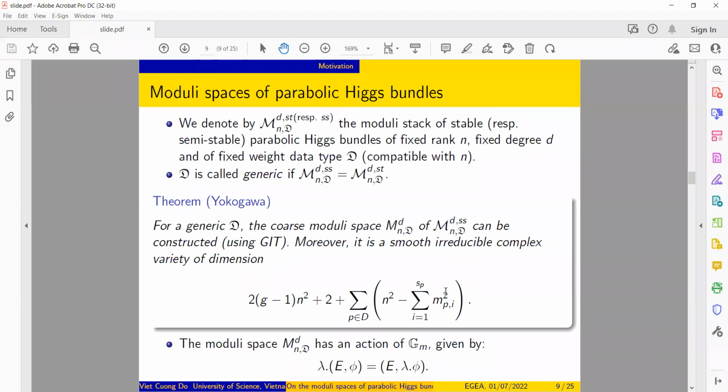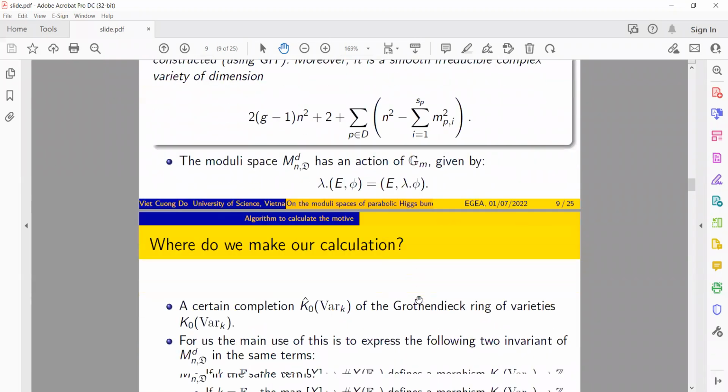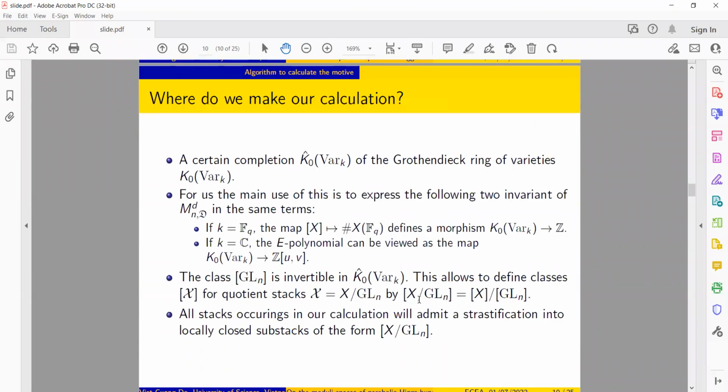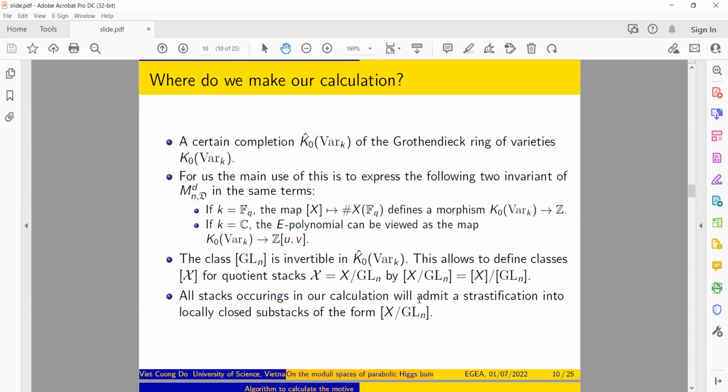And you can ask me, you do your calculation over what? So I will explain where I make the calculation. I want to calculate the cohomology of the moduli space.